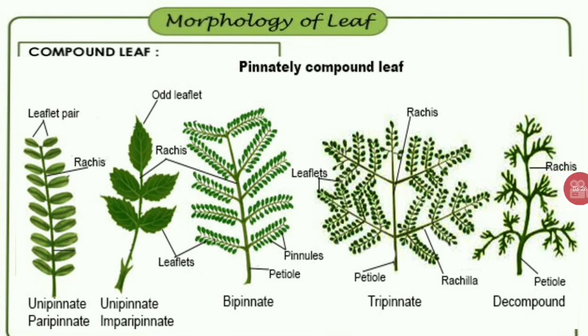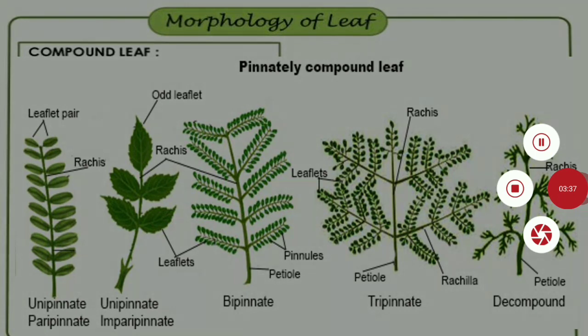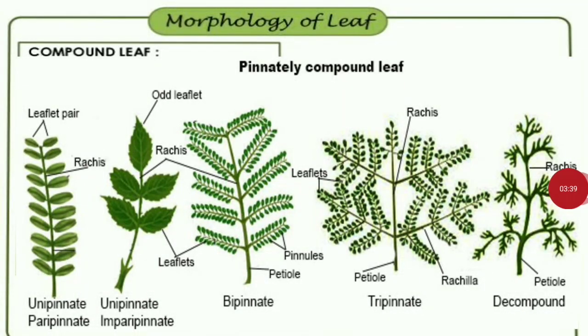Compound leaves are further divided into pinnately compound leaves. Pinnately compound leaves means the leaflets are laterally present on a common axis called the rachis, which represents the midrib of the leaf. Let's see different types of pinnately compound leaf.